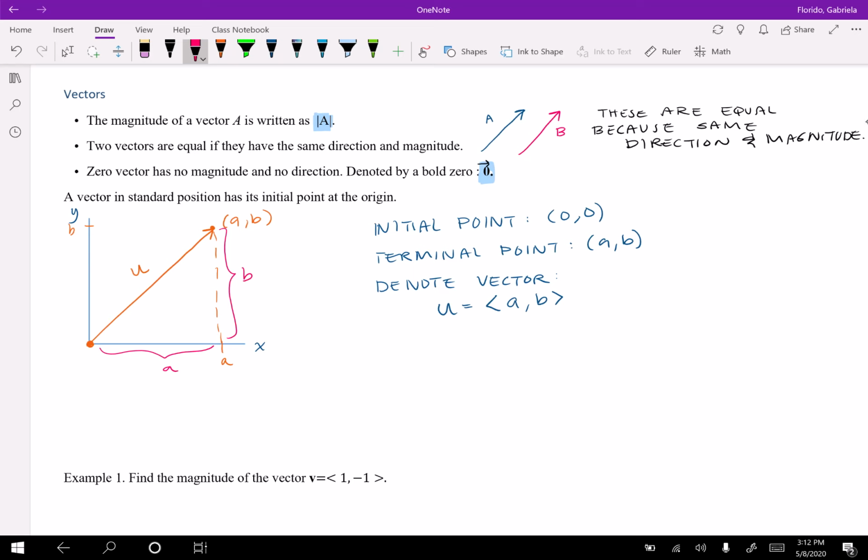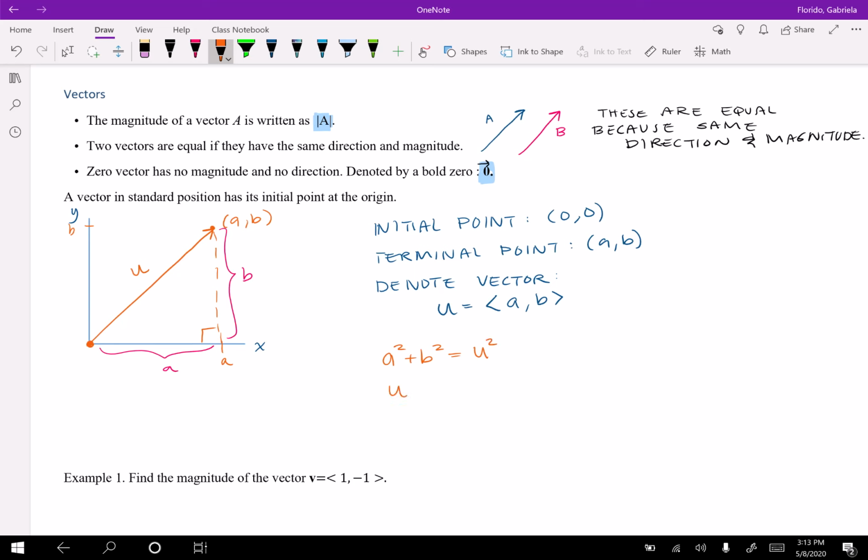The length between the initial point and the terminal point is the magnitude of u. So we're looking for this length here, the length of the vector. Let's do that. We have a squared plus b squared is equal to u squared.